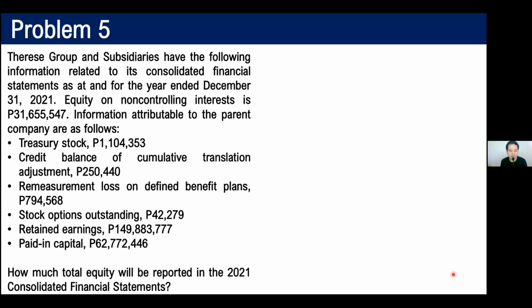How much total equity will be reported in the 2021 Conso FS? Ang tanong po sa atin ay Conso FS. So, dapat po, ang total equity mo, pareho. Equity ng parent at saka NCI. Kasi ang tinatanong Conso FS eh. Buo. Group FS. Buo talaga.